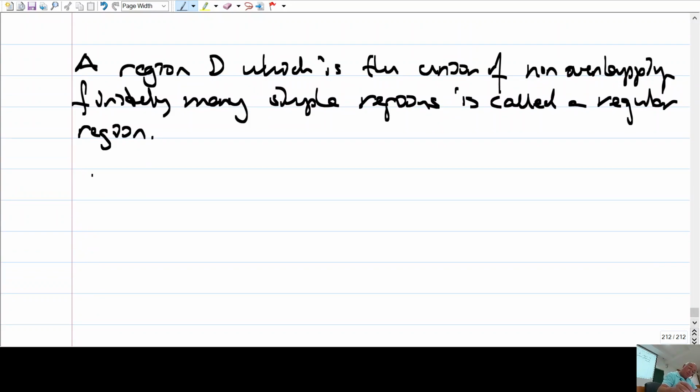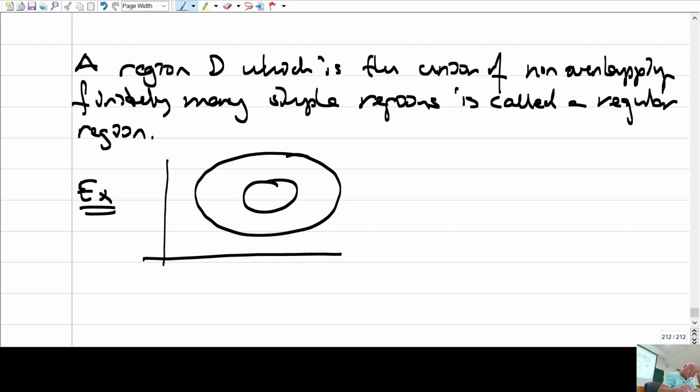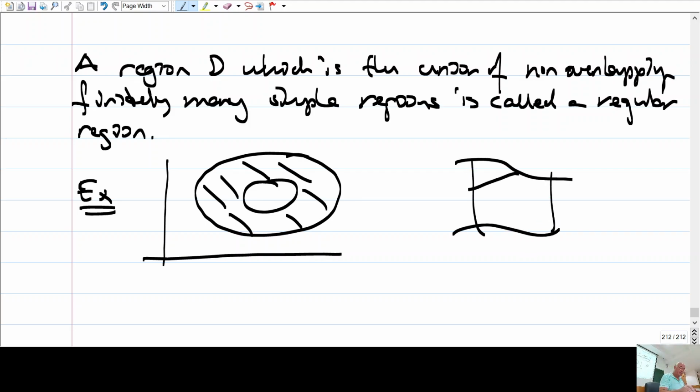For example, suppose we have something like this. So our region is this. This region is neither x simple nor y simple. It is not a region between two graphs, right? X simple means something like this. Y simple is something like this.